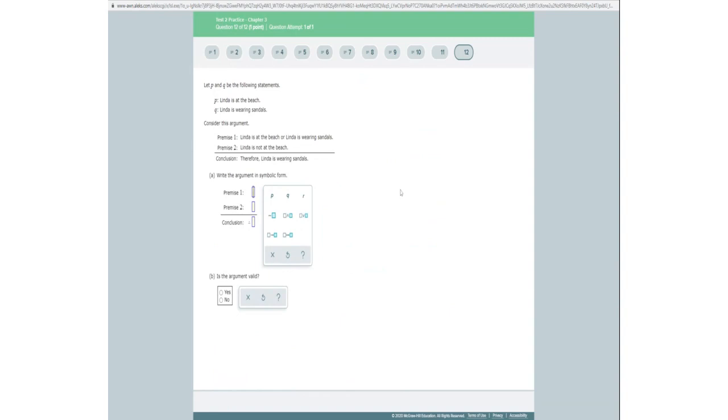All right, so P is Linda is at the beach. Q is Linda is wearing sandals. So that's P or Q. And then it tells us that Linda is not at the beach.